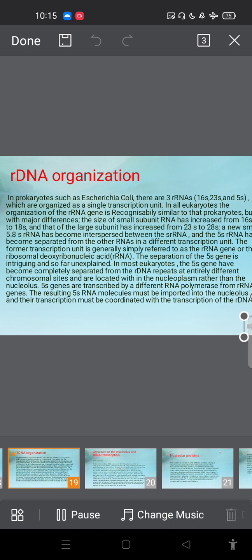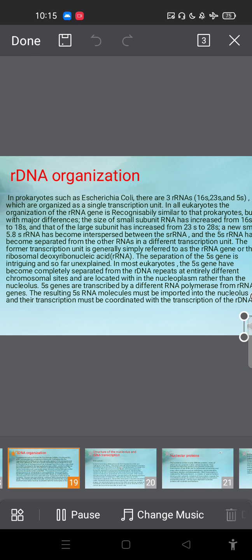The former transcription unit is generally simply referred to as the rRNA gene or the ribosomal deoxyribonucleic acid, rDNA. The separation of the 5S gene is intriguing and so far unexplained.